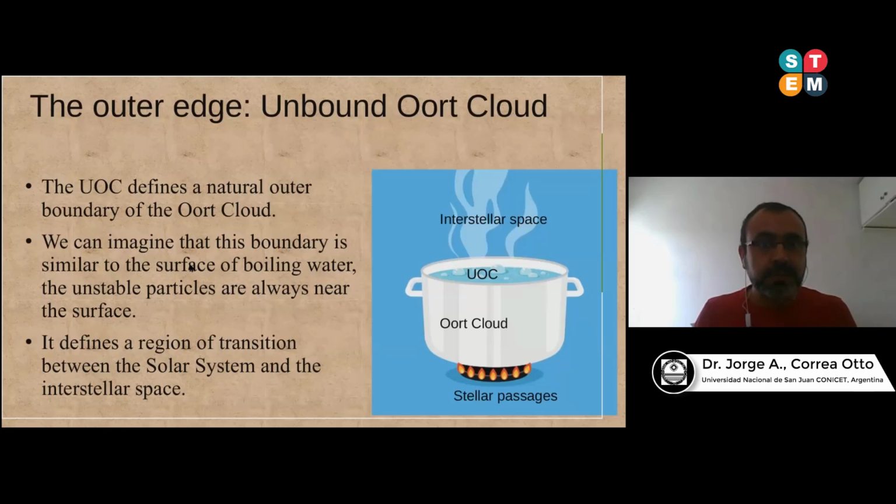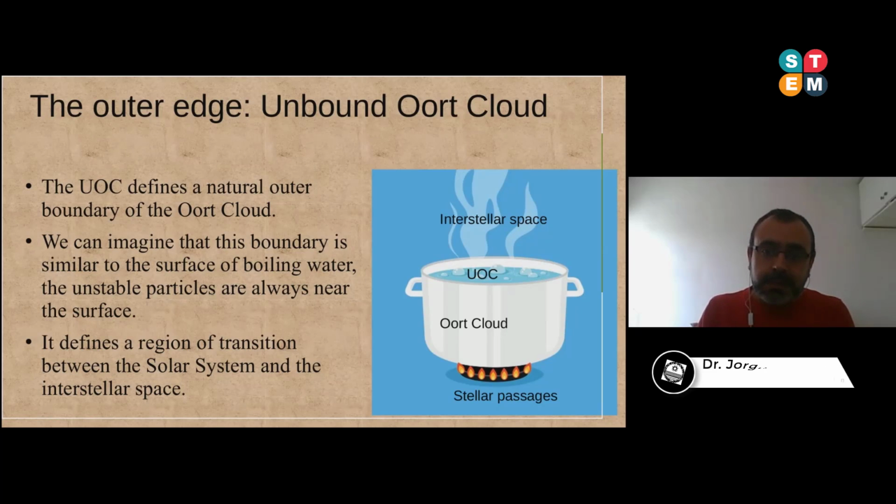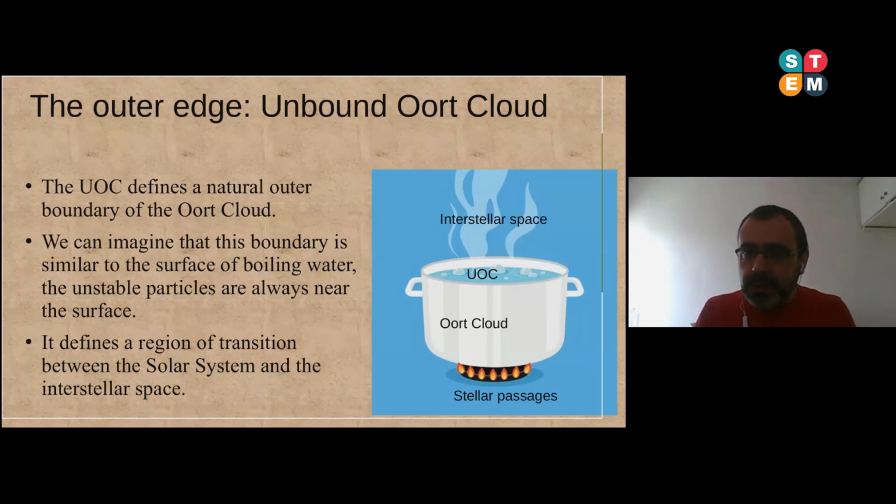So if we return to our comparison with the boiling water, we can compare the Oort cloud with the boiling water, and the unbound cloud is like the surface of the boiling water. This dynamical structure defines a region of transition between the solar system and the interstellar space, or between the solar system and the galaxy.